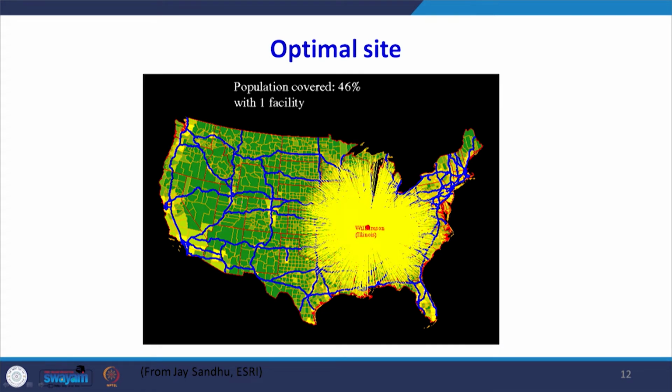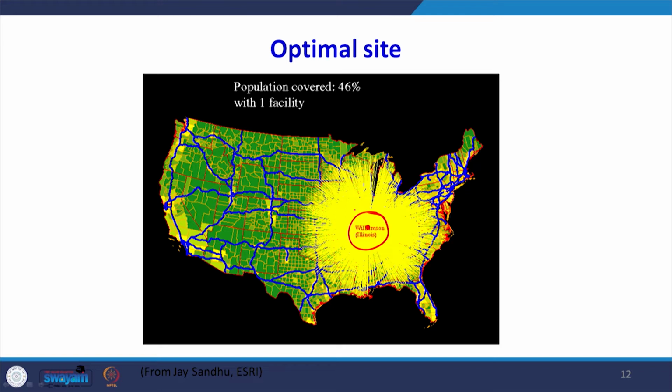So, when you carry out the optimization, this is one example, suppose you have one warehouse here in Illinois, and distance wise also you can see that with this one single facility you can cover 46% of the total population of the nation.